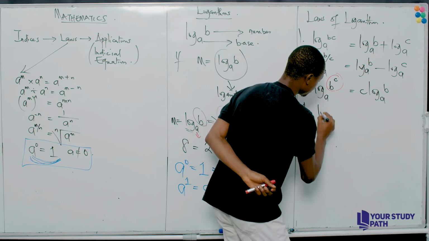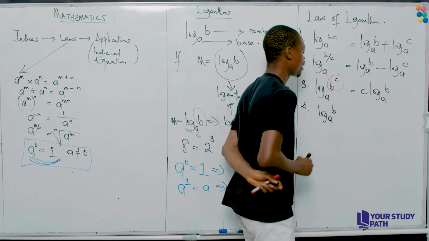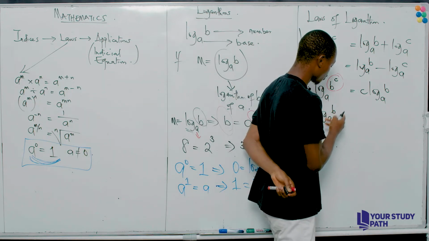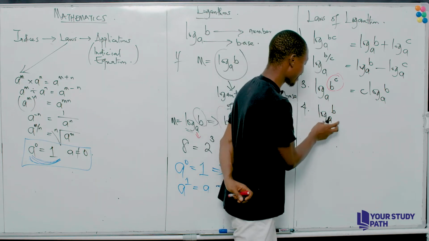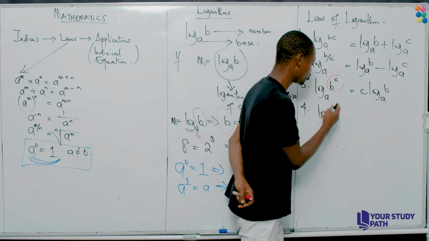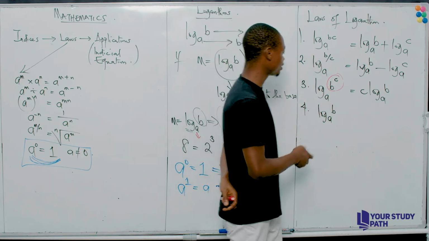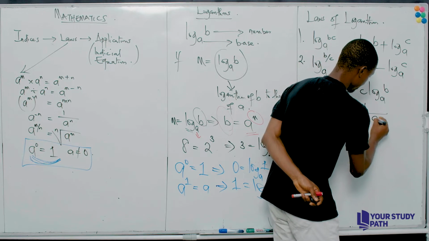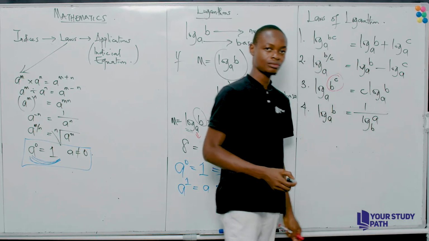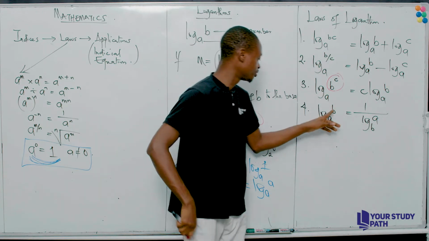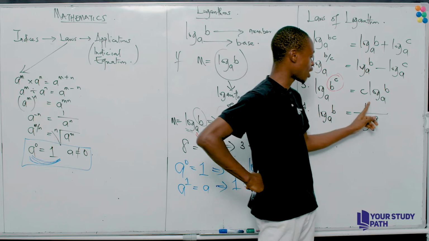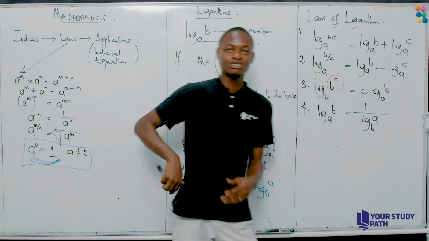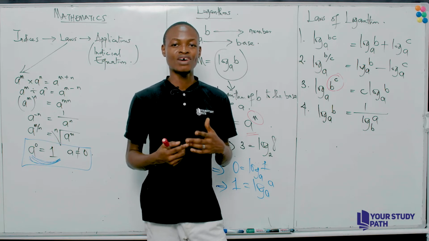If we have log b to base a, and for some reason we would like to swap the position of b and a, that is, make a the number and then make b the new base, then we can reciprocate this as 1 divided by log a to the base of b. Thus, it means that log b to base a is exactly the same thing as 1 divided by log a to base b. This is very important when we have to change the base of our logarithm.